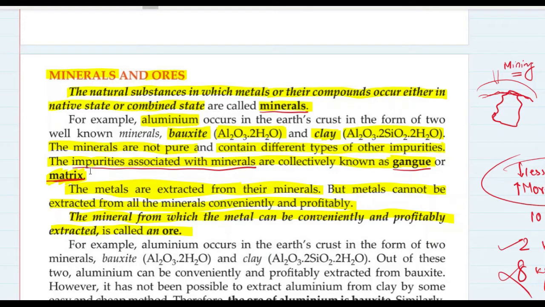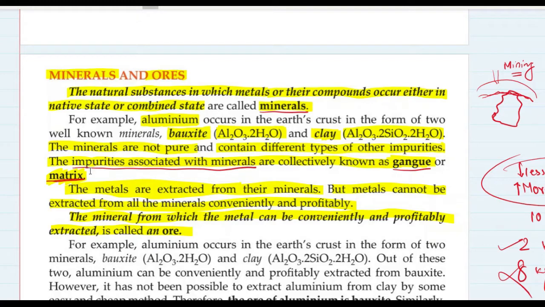So Earth can contain a lot of minerals, right? It is not very new for Earth. If you dig in Earth and if you find minerals, it's not a very big thing. It can contain minerals, but whether this mineral can give you the amount of metal which is necessary to make profit, to get it extracted conveniently, that is the question.